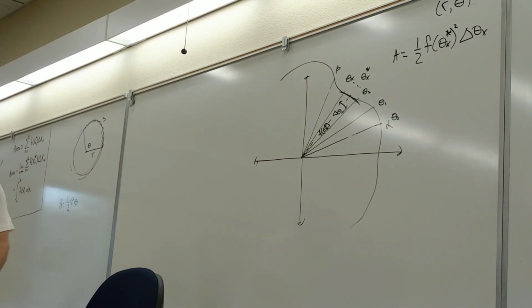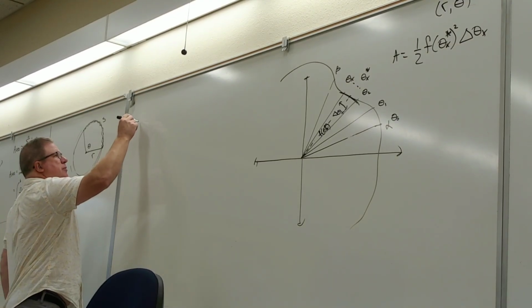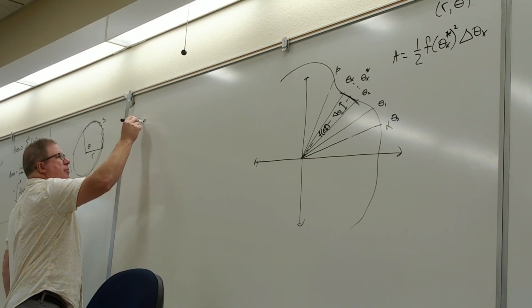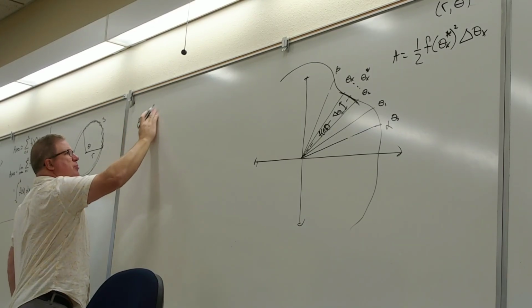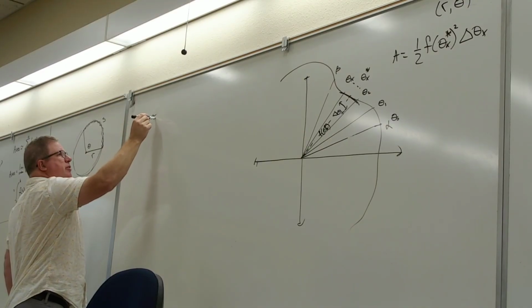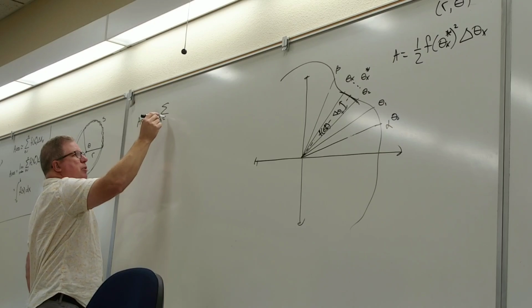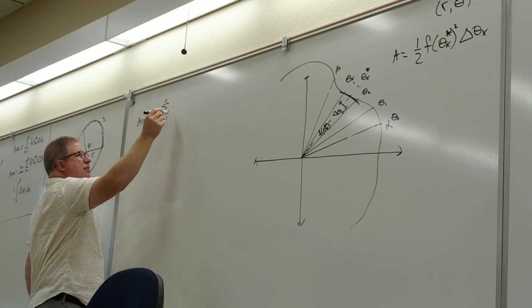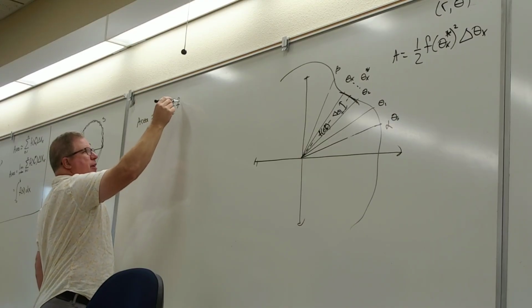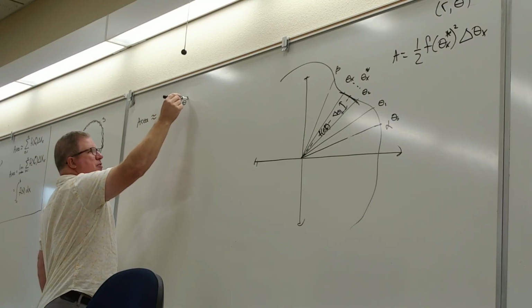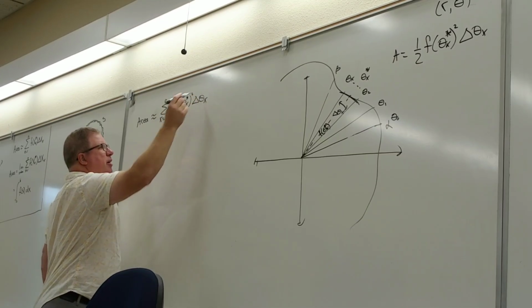So to approximate the area, it's approximately the sum as k goes from 1 to n of 1/2 f of theta asterisk sub k squared delta theta sub k.